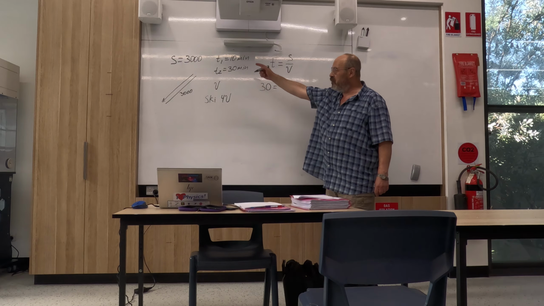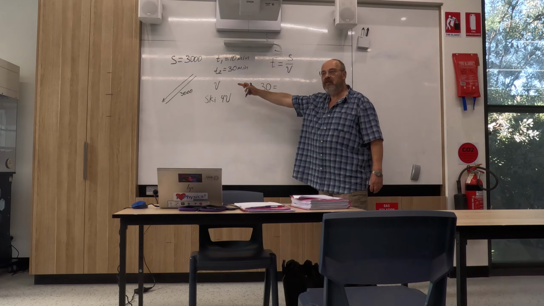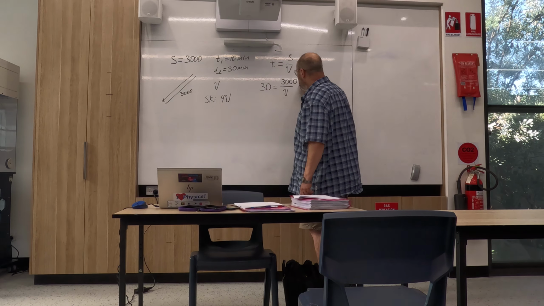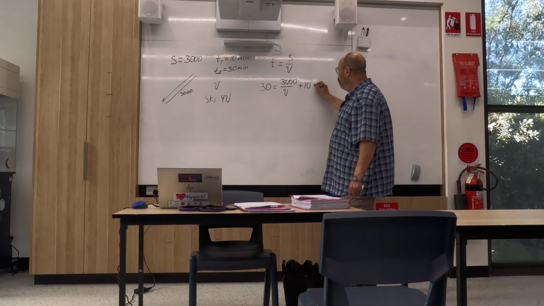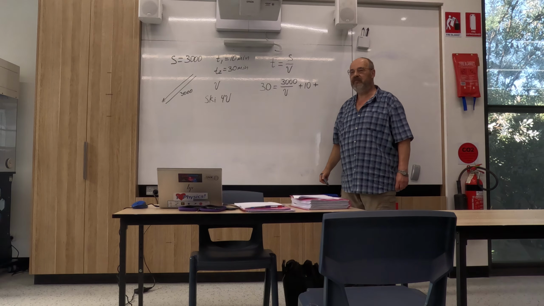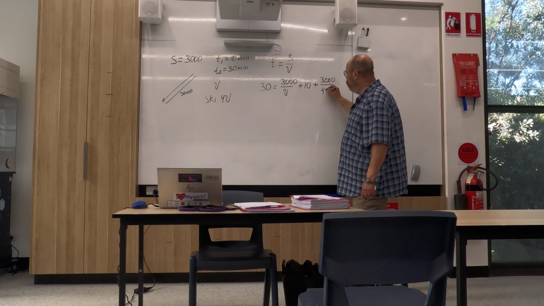The distance is 3,000 meters and his speed is v. So 3,000 divided by v. Plus 10 minutes he takes rest, and plus what will be the time it takes him to go down? 3,000 divided by 4v.